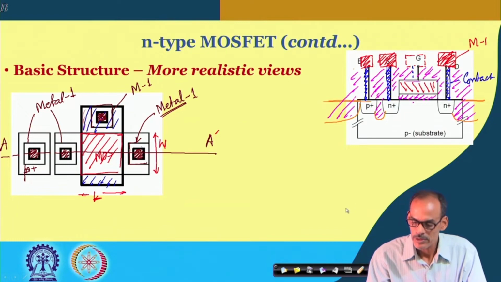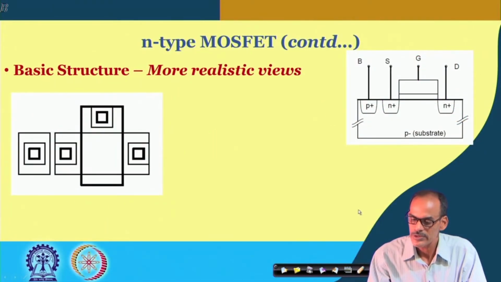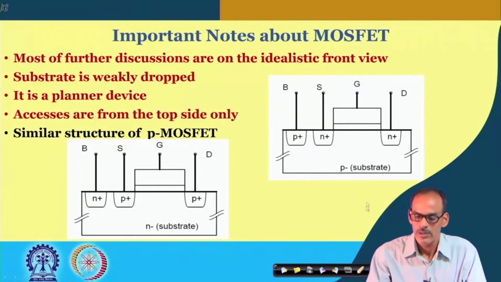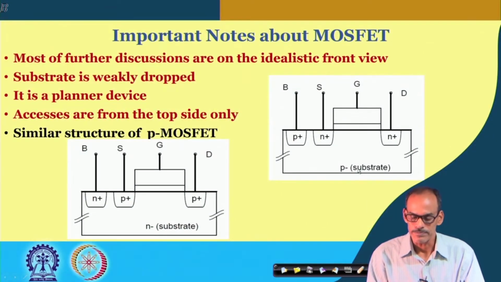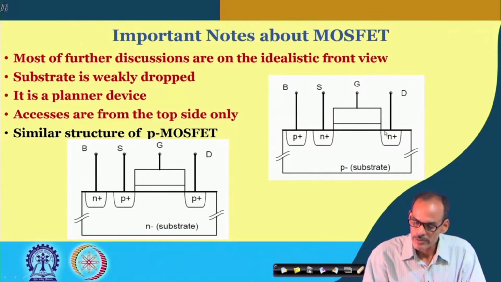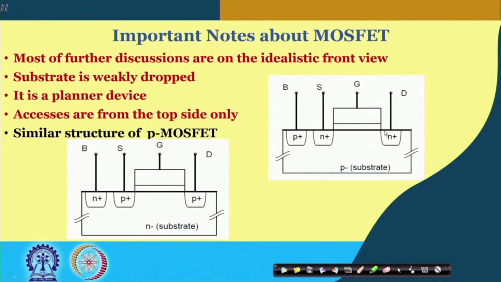In our next discussion we will not be using this clumsy cross sectional view. For simplicity of our analysis, we will go for this schematic view only. This schematic view of the cross section will be frequently referred to.